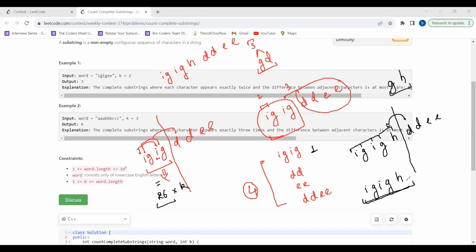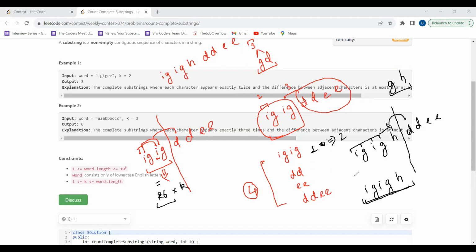I'm talking about this substring, IGH, which has one unique character occurring exactly 2 times. Do we have any such instance? Yes, IG. No, I want only one character to occur 2 times.